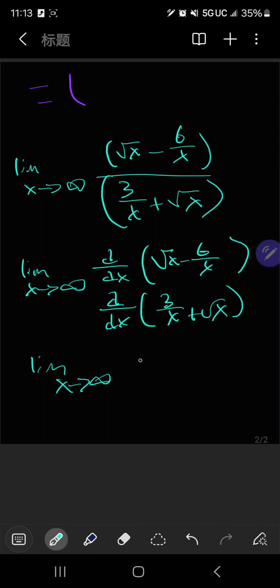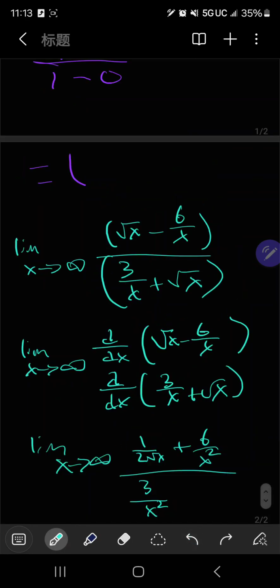For this part it's going to be 1 over 2 x plus 6, we take the derivative of that, x squared over, and for the bottom it's going to be 3.